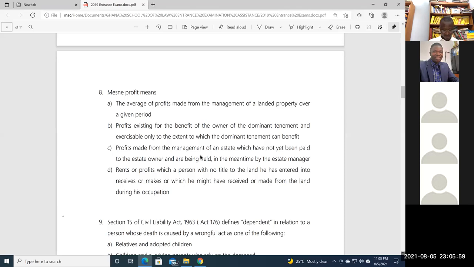Okay, so profits, that is page 1463 of the 11th edition of Black's Law Dictionary.